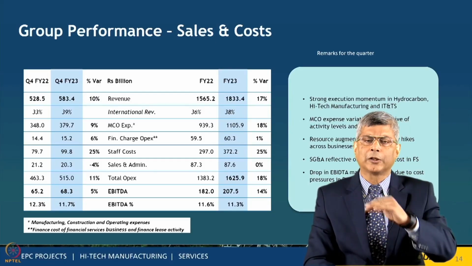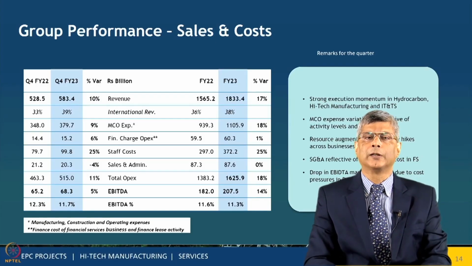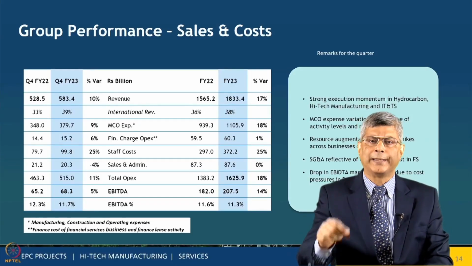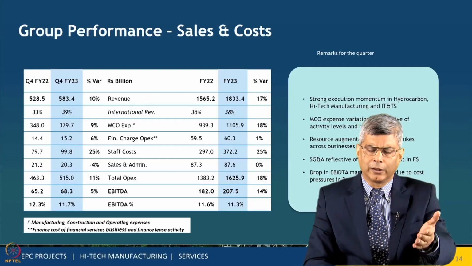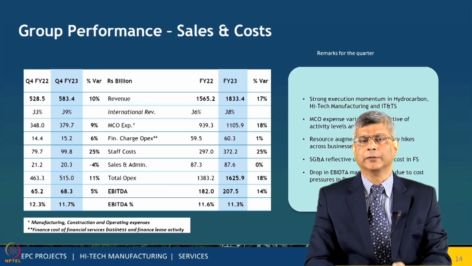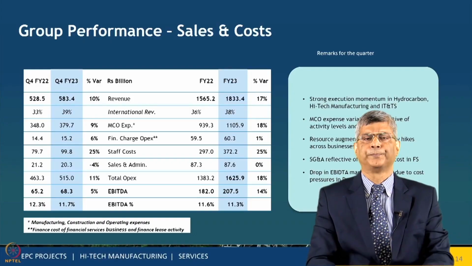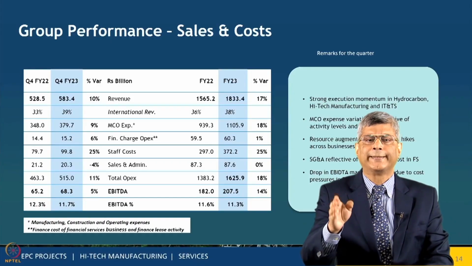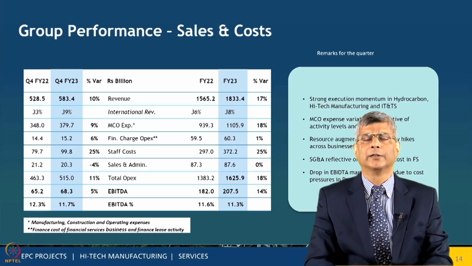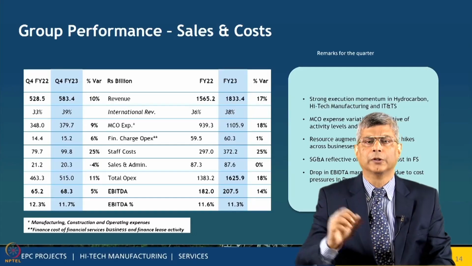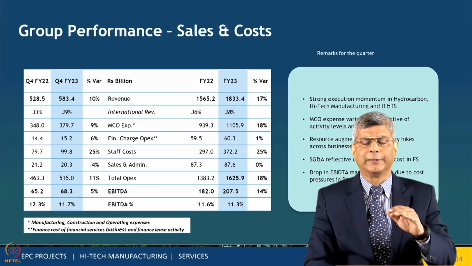So if you deduct all the costs, they have what is called the first level of profit. Without getting into too much detail, it's called earnings before interest, tax, depreciation, amortization, which is the first level of profits. And you'll see that they have made 207 billion rupees of profit, or 20,000 crores of first level of profit, which is EBITDA.